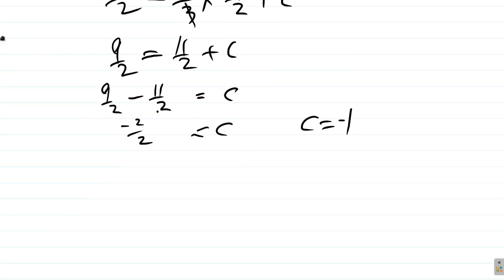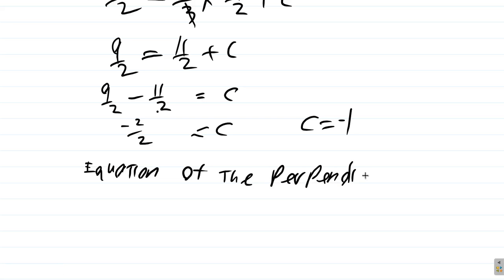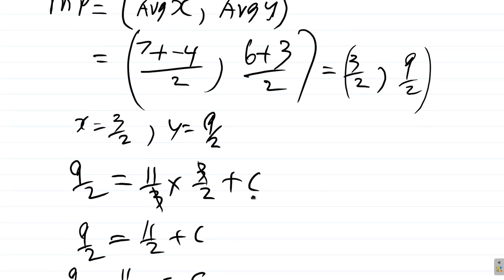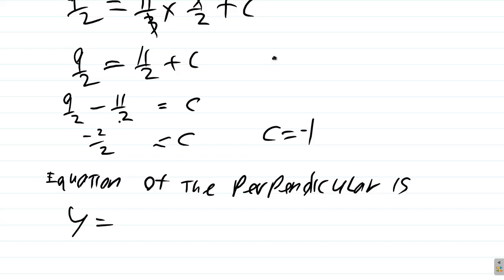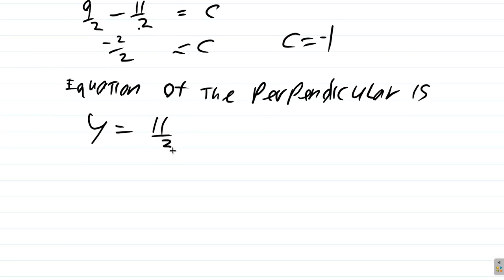So you can see the equation of the perpendicular is y equals 11 over 3x plus c, plus negative 1. We can just write minus 1. Alright, so there you have the equation of the perpendicular.